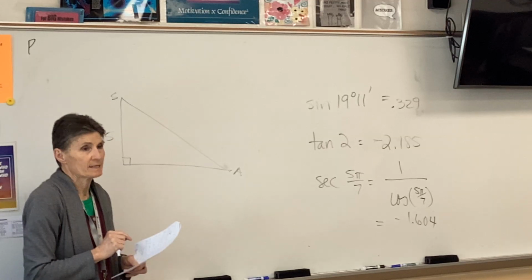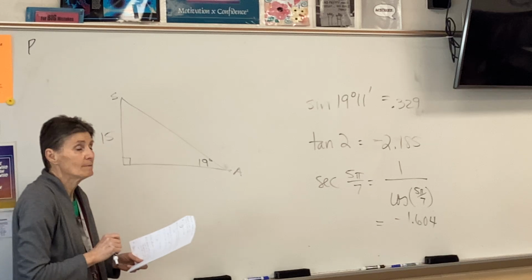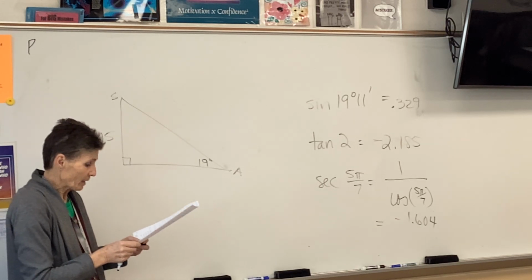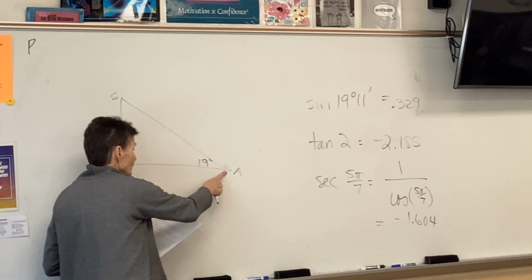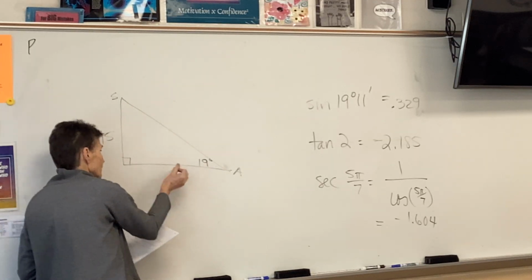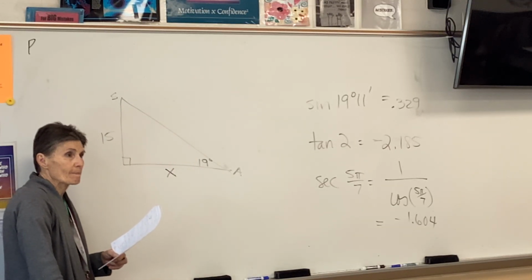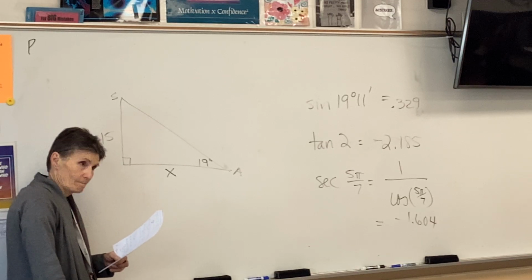Where am I putting the 19? Right here. And notice that's a degree. So when I get around to this, I'm going to have to have my calculator in degrees. How far is the acorn from the base of the tree? Does everyone understand the X is there?